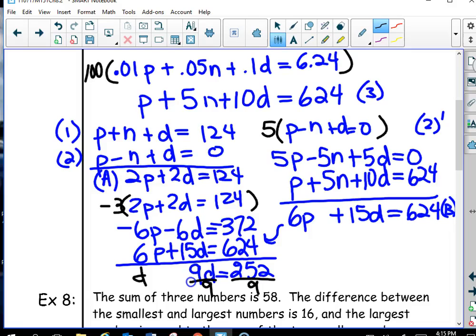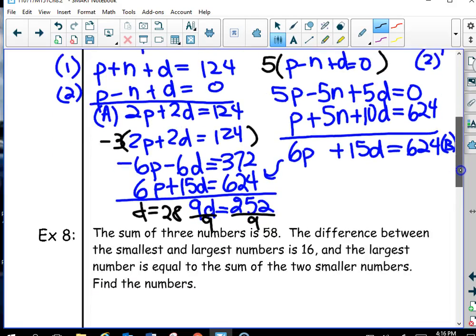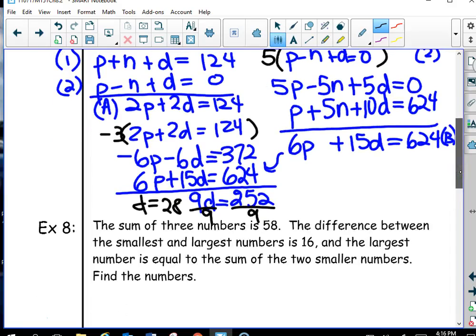So D equals 28, and I'm running out of room to work backwards, but we'll start with equation B, 6P plus 15D equals 624. If D is 28, we'll be able to solve for P. 15 times 28 is 420.